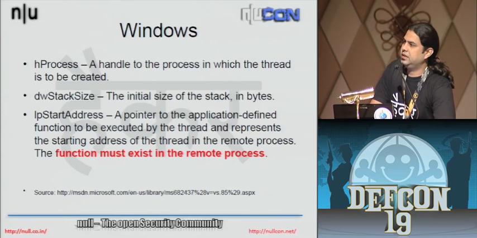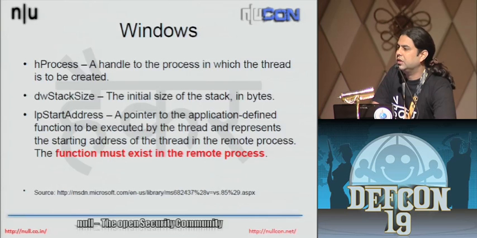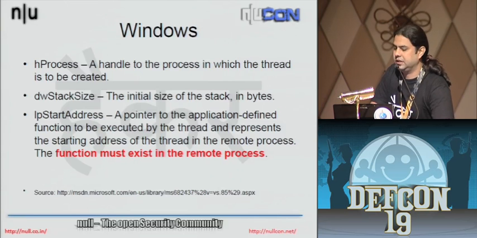The stack size talks about the stack for the thread that you want to create inside the remote process. And then the start address is the address of the function or code that you want to execute. Now, according to the documentation of this function, the function or the code must exist inside the process.